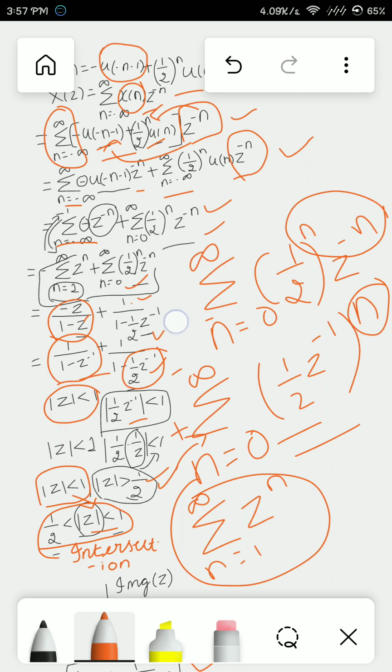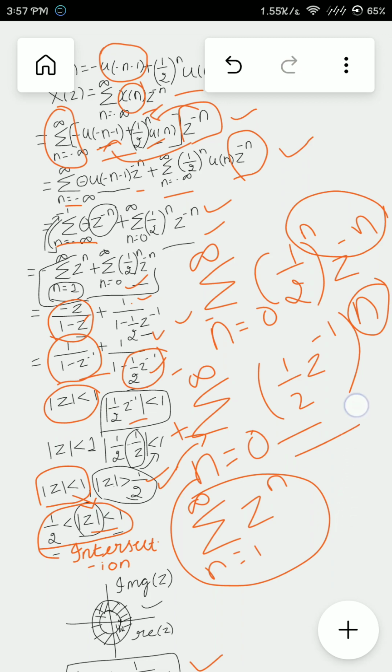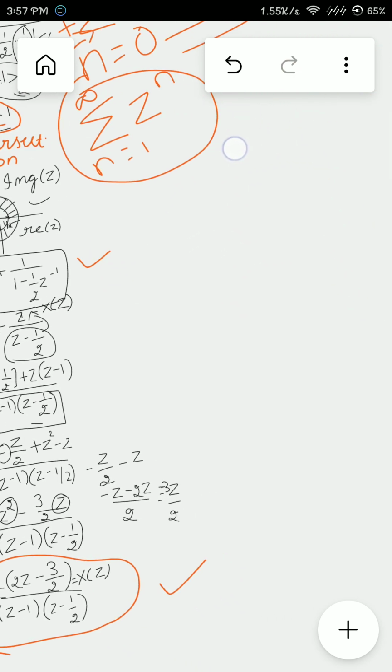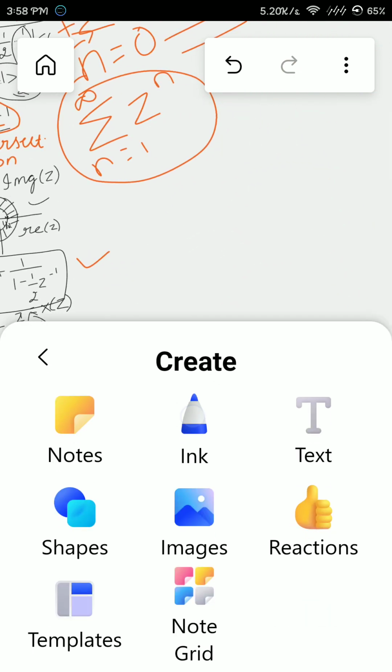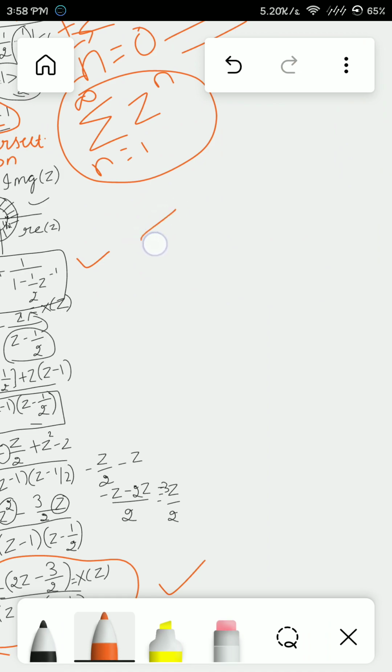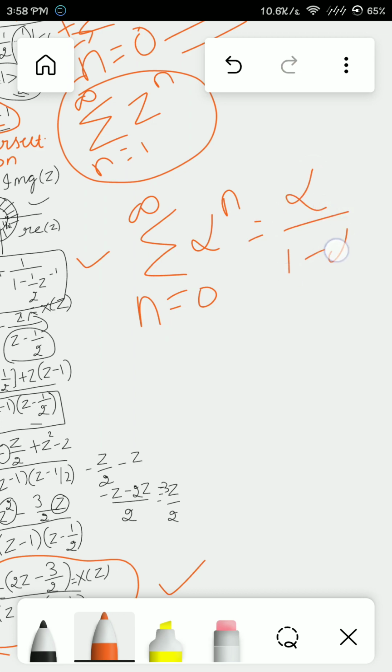And then we have applied the formula. You have two formulas over here, so please do remember those two formulas. I am going to write them over here. The first is the summation from n equals 0 to infinity of alpha to the power of n, which is equal to alpha divided by 1 minus alpha.